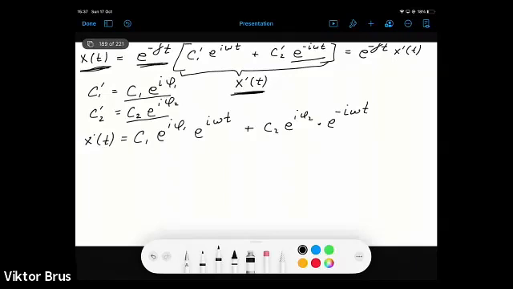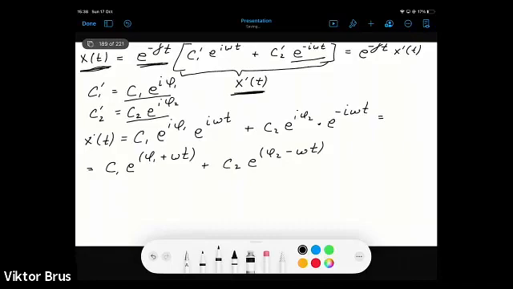Okay, now we can group them together. It will be C1 times exponent in the power of I times phi1 plus omega t, then plus C2 times exponent in the power of I times phi2 minus omega t.